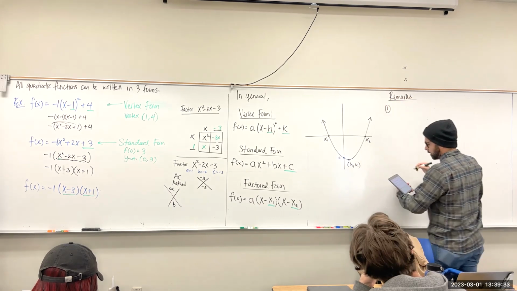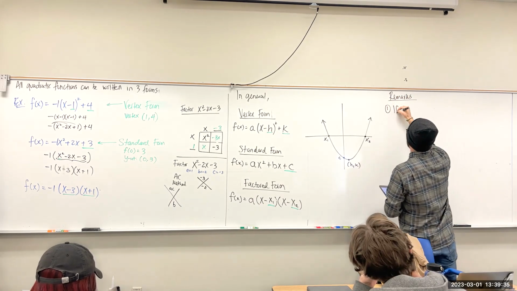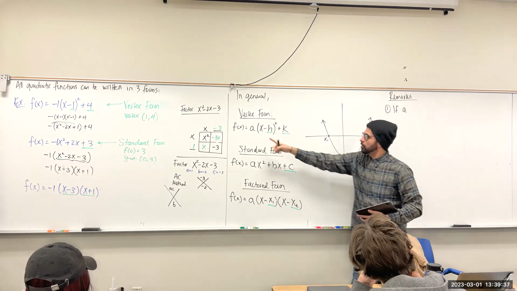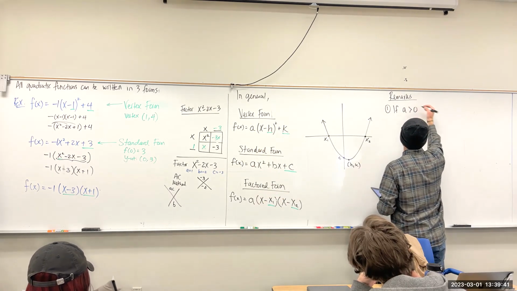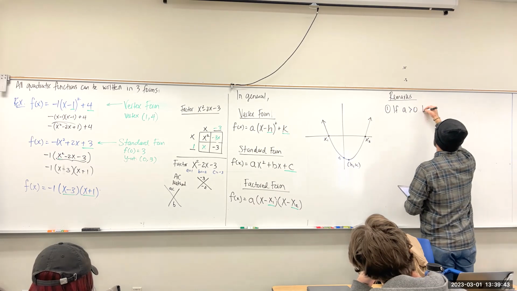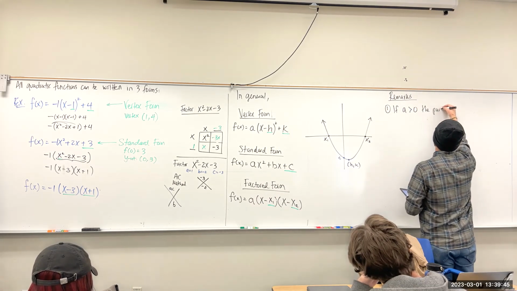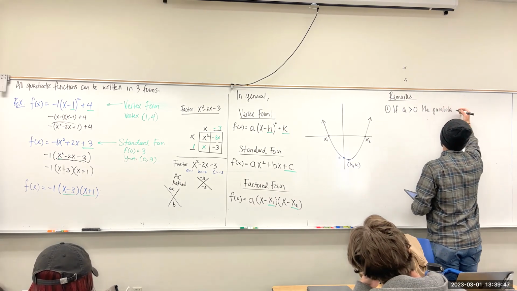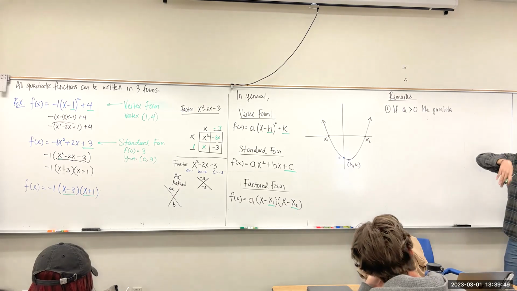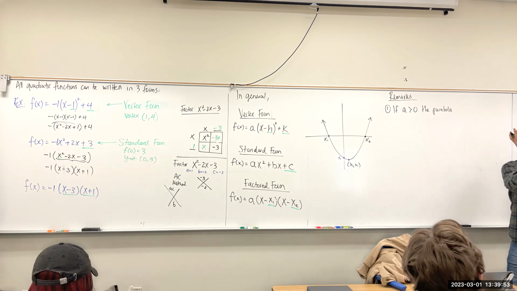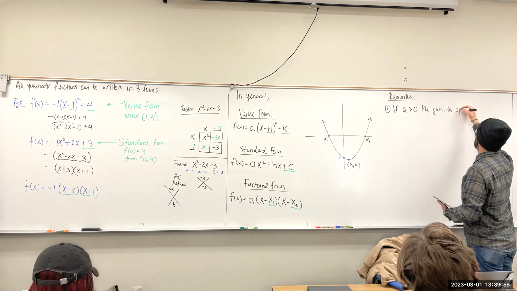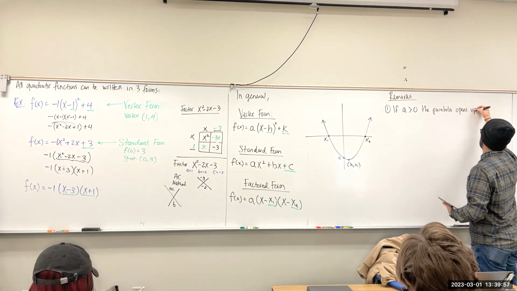The first one is, if that leading coefficient a is positive, so it's greater than 0, did the parabola ever reflect? It never reflected. If it's positive, no, right? So it's going to stay smiling, so the parabola opens up.